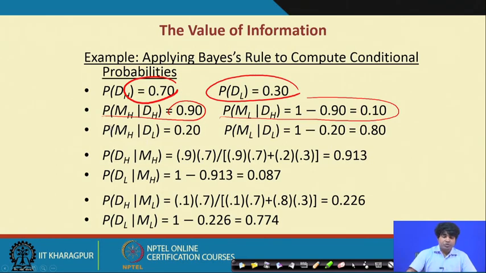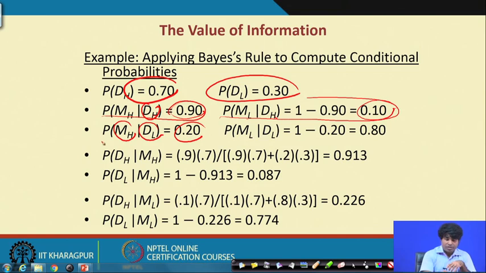Accordingly, the conditional probability is like this: high market corresponding to high demand, the probability is 0.90, and high market corresponding to low demand is 0.20. Since total probability is equal to 1, if high market with high demand is 0.90, then low market with high demand will by default be 0.10, that is 1 minus 0.90.